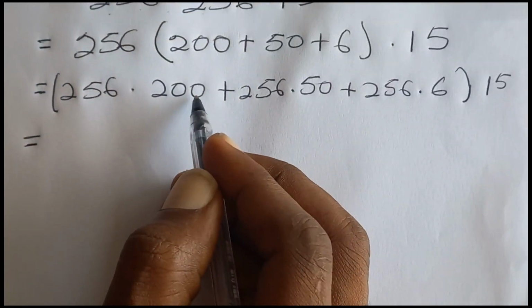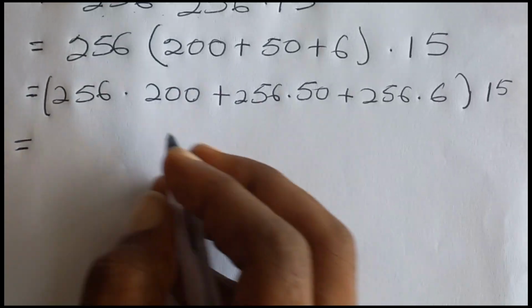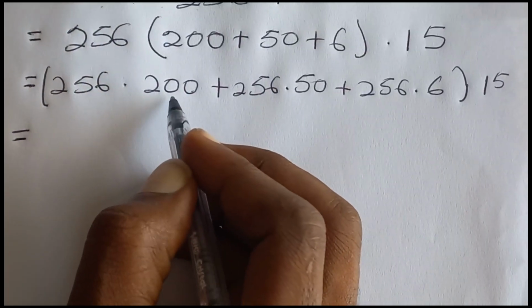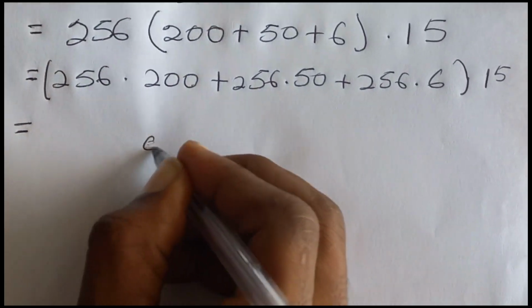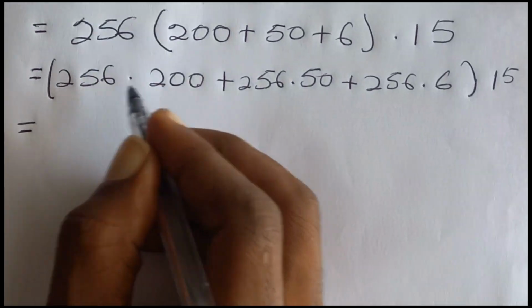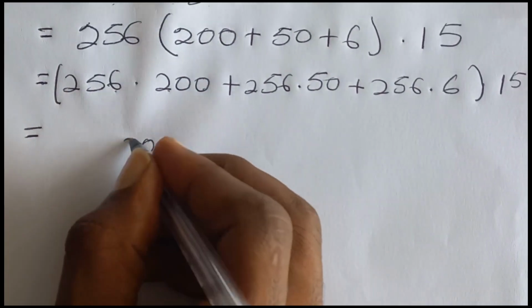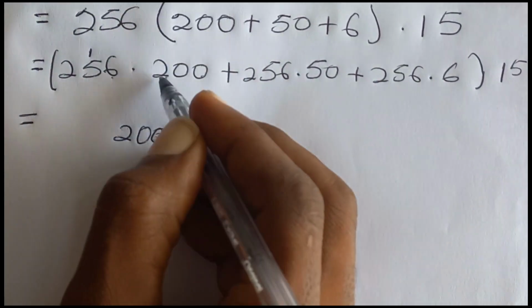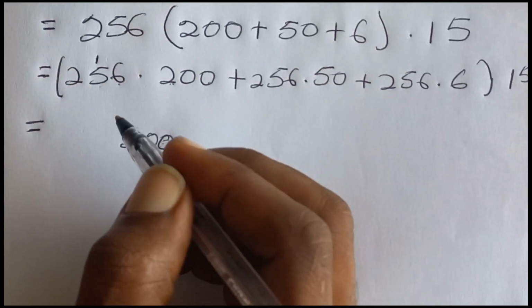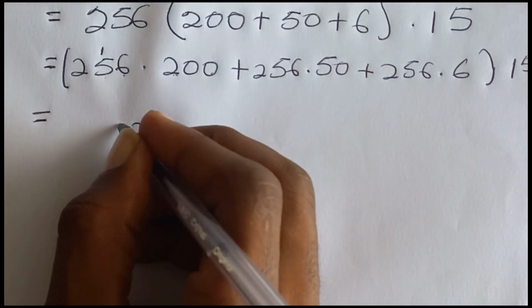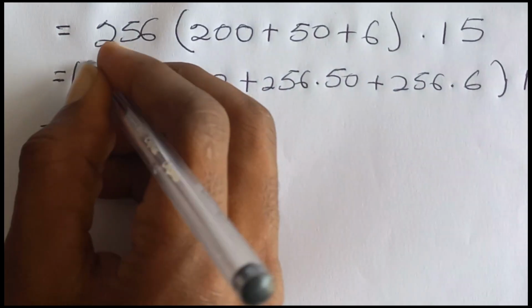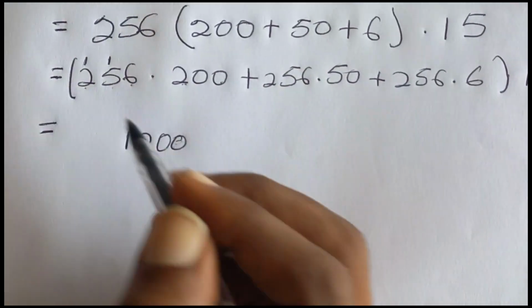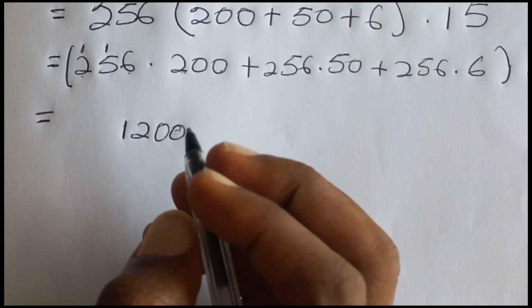The multiplications. For this one we are going to get 0, 0, from the two zeros, and then 2 times 6 is 12, so 2, a remainder of 1. 2 times 5 is 10, 10 plus 1 is 11, so 1, carry 1. 2 times 2 is 4, 4 plus 1 is 5.